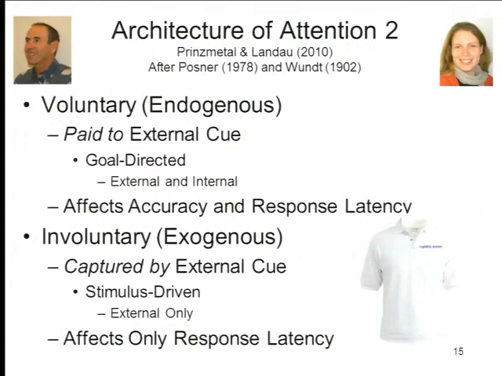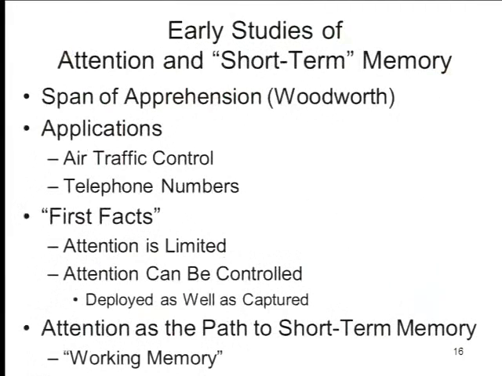These are two quite different forms of attention that have different kinds of consequences for information processing, and in fact are served by somewhat different modules in the brain. So again, that's what the architecture of attention is all about. So now let's turn from these broad theories of attention, from James to Chun to Prinzmetal, and look at what the literature on attention actually tells us about this faculty.